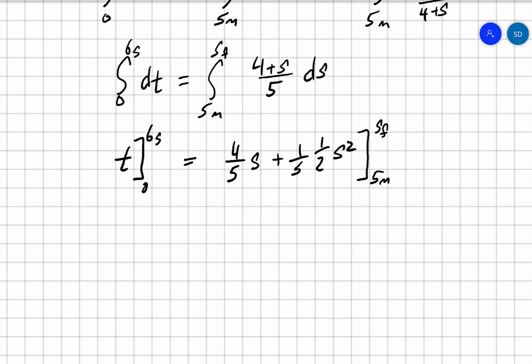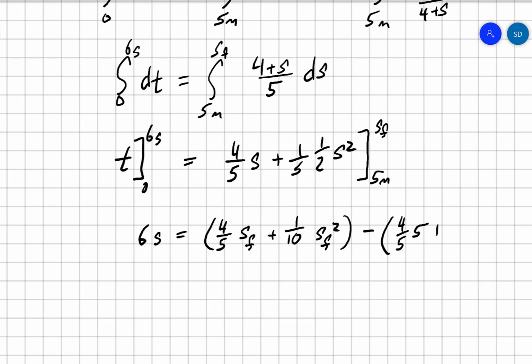So this will give us, on the left-hand side, it's just 6 seconds, and this will equal 4/5 of s final plus, well, the 1/5 times 1/2 is 1/10, so 1/10 of s final squared, minus 4/5 of 5 meters plus 1 over 10 times 5 meters squared.